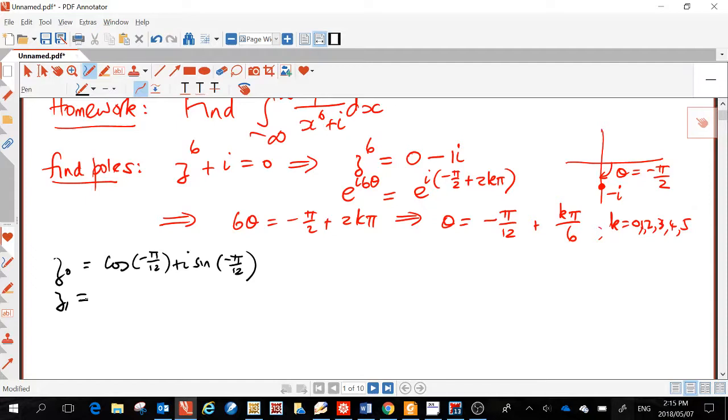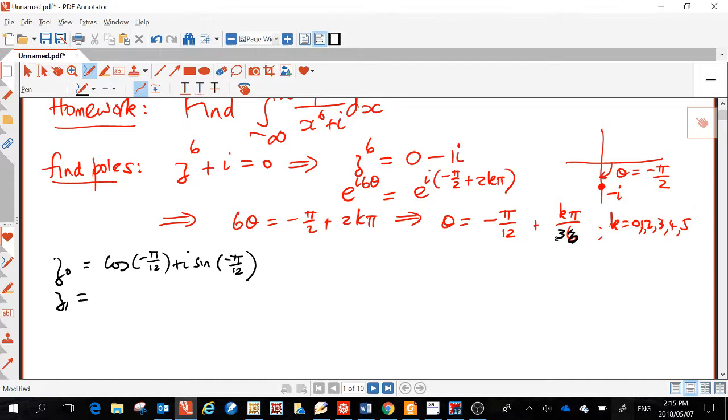Yeah, it's not supposed to be so. 2k divided by 6 is over 3, right? This should be k pi over 3. Do you hear that? I'm dividing throughout by 6 here. This is pi over 12. This is 2k over 6, which is k over 3. I knew something's wrong there. Now it makes a difference.